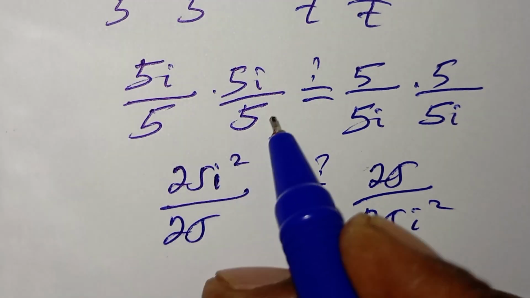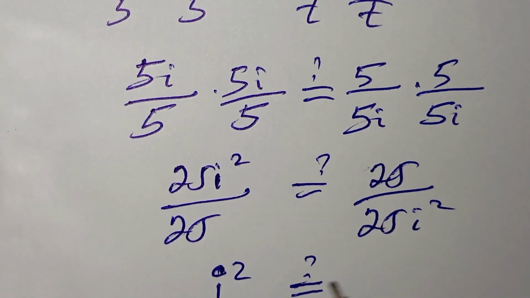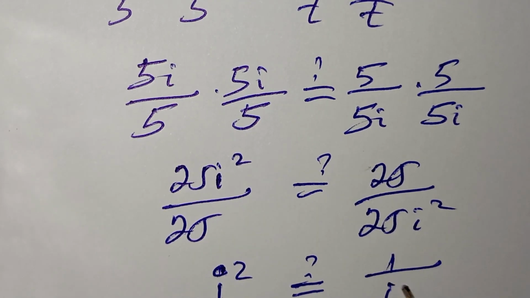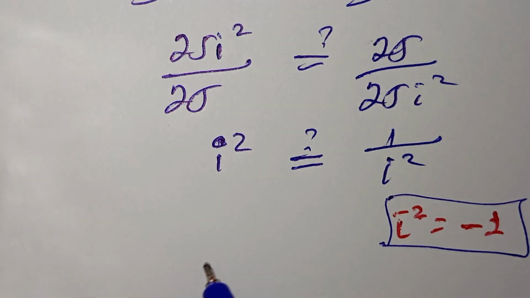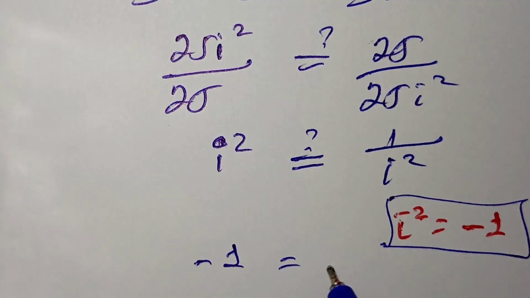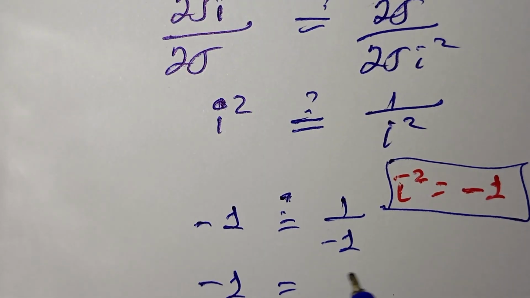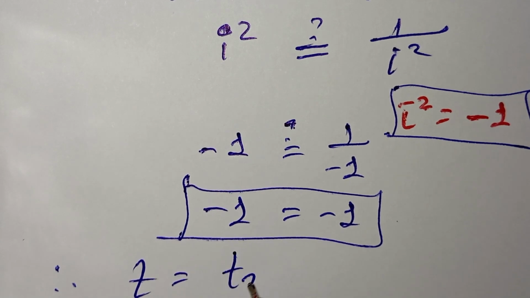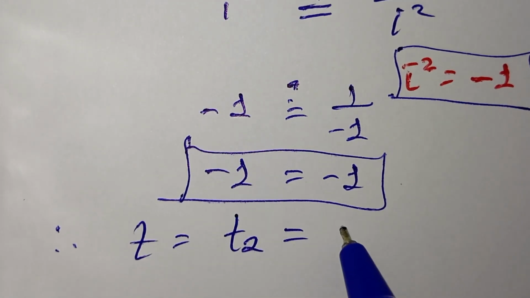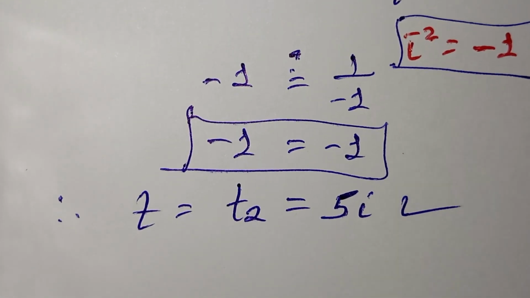So this 25 i squared over 25 i squared is i squared, is it equal to 1 over i squared? i squared is the same as minus 1. So based on this, minus 1 is equal to 1 over minus 1. This minus 1 is equal to minus 1. Therefore, t is equal to t2 is equal to 5i is the right solution.